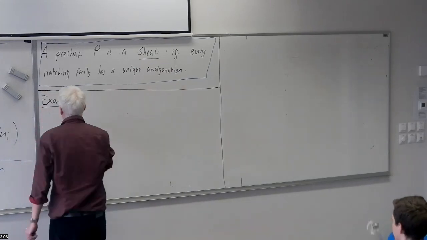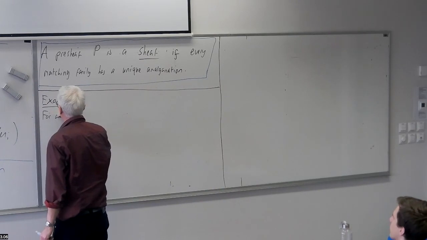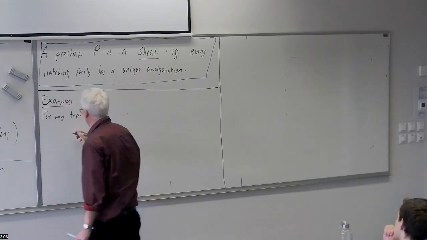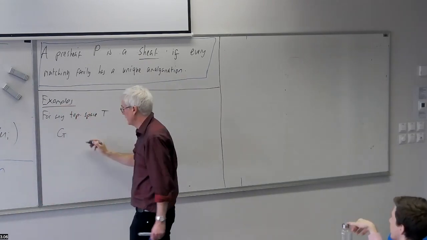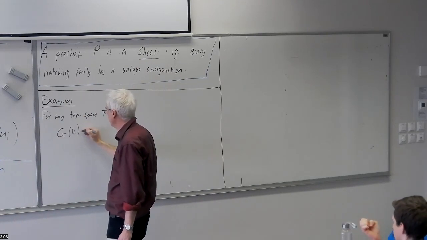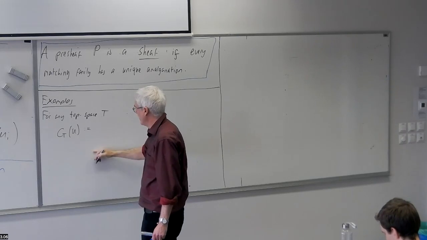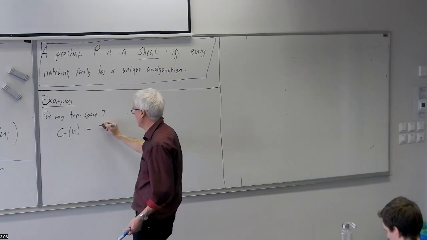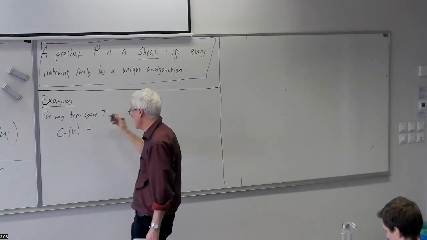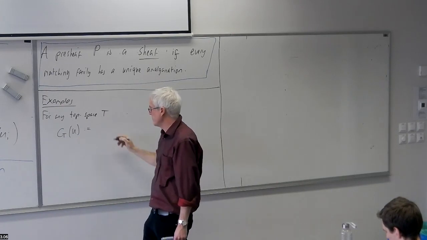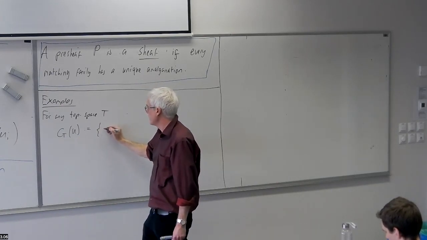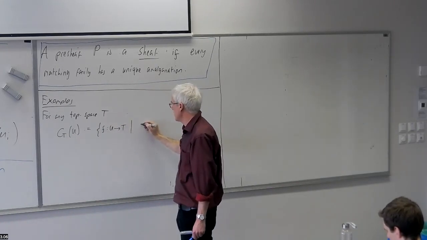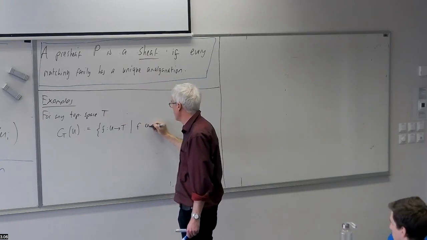So for any topological space T, we can have the sheaf that I call C sub T, where the set C sub T of U on an open subset U of S, given a topological space S, is simply functions f from U as a subspace of S to T, such that f is continuous.